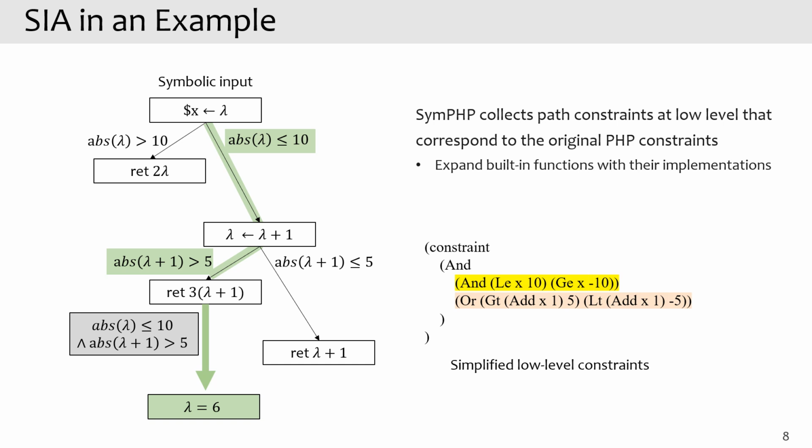So given such an example shown here, we can hook the PHP interpreter to get the corresponding low-level implementations, for example by expanding the built-in function implementations and collecting the corresponding low-level constraints. These constraints can be fed to the constraint solvers to give a solution showing how the high-level PHP constraint can be satisfied.